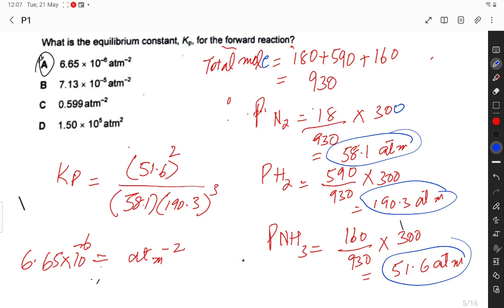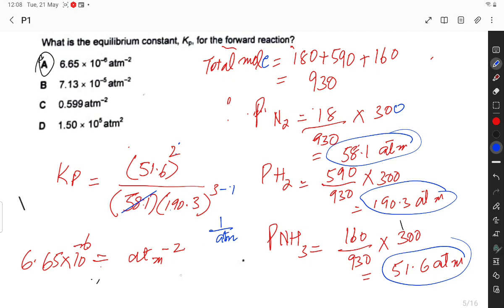So what is the equilibrium constant Kp for the forward reaction? Kp is equal to products over reactants. So products are 51.6 whole squared, over 58.1 times 190.3 whole cubed. So for the unit, 2 from here cancels over here, and 1 from 3 minus 1, so that is 1 over atm.